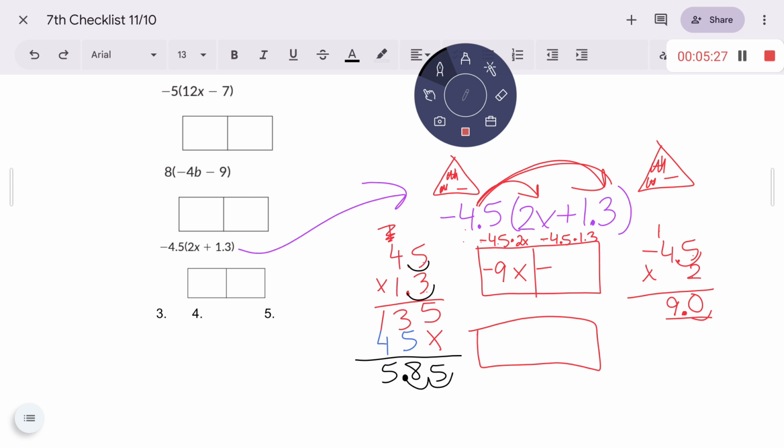And luckily, I already put my sign there, okay? Because I did all this work, double multiplication, including the decimal. So I'm glad I put that there, so I don't forget. I'm just double checking. Negative times positive is a negative. So negative 9x minus 5.85. So there's one for you, okay? Pause the video as needed, okay?